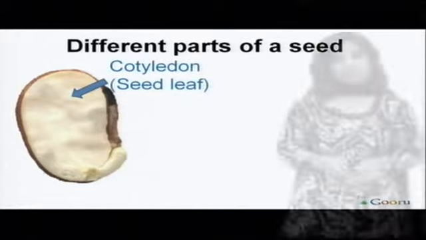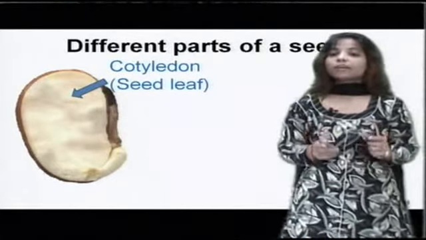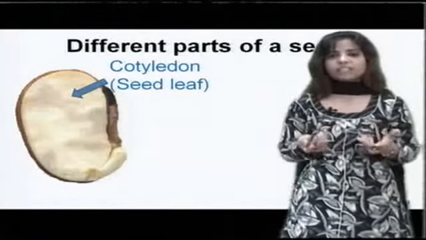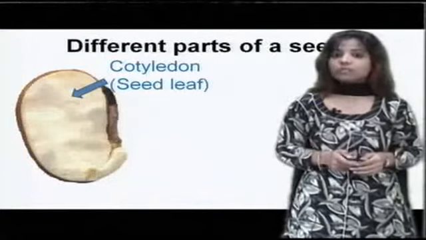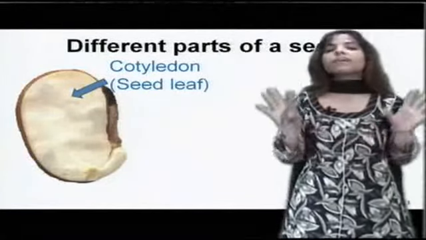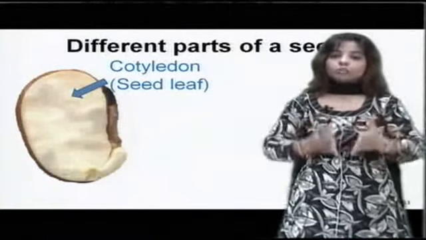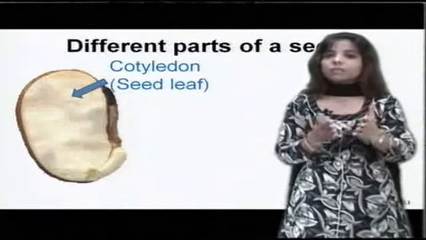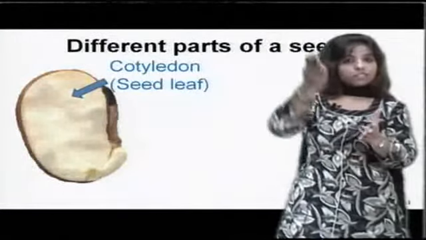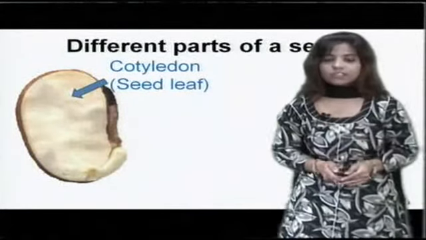And now you can see this image, which is a cotyledon, and cotyledon is the food part of a seed. It contains the food for the baby plant. It provides the temporary nourishment to the baby plant, and after the food in the cotyledon is consumed by the plant completely, the plant develops small leaves, the first leaves of the plant, and then leaves prepare the food for the plant with the help of the sunlight and water, and the process is called photosynthesis.